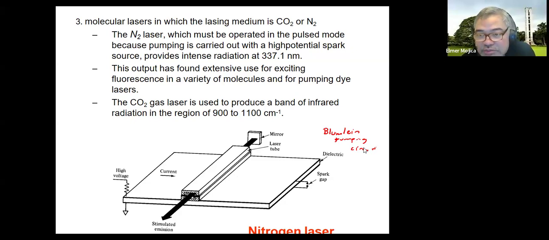This produces an inverted population, and the lasing begins from spontaneous emission, and the inverted population depletes rapidly. Because of the high gain, as you can see here, there's only one mirror opposite the output. The peak output power is as high as megawatts, and the pulse duration is a few nanoseconds with repetition rates from 1 to 60 hertz.